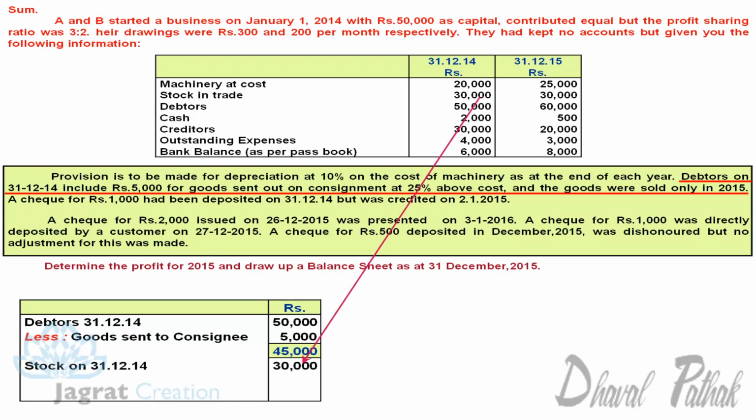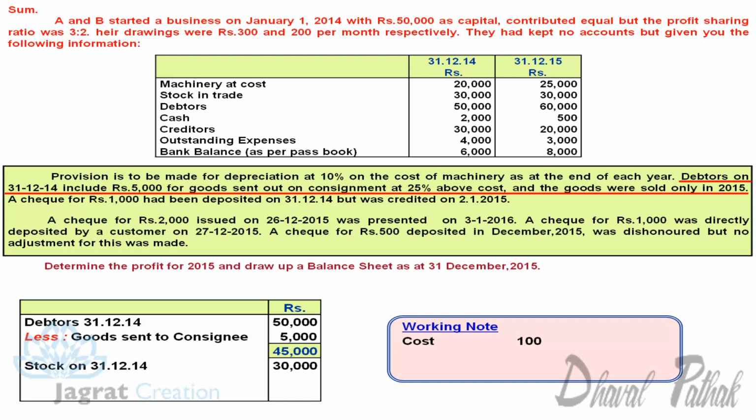My stock is 30,000. This 5,000 is stock under my ownership, possessed by the consignee, but stock is to be recorded at cost. So I am required to find the cost of the goods sent to the consignee. How were the goods sent? If the cost is 100, profit is 25, and the sales price, the transfer price, is 125. If 125 is the transfer price, then 100 is the cost.